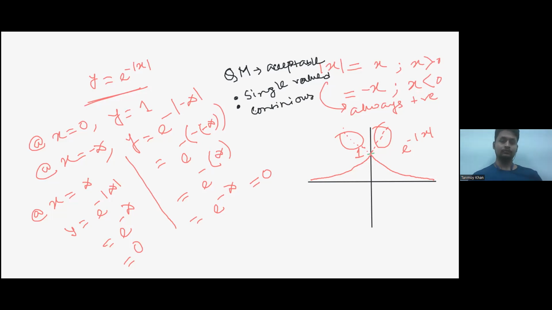Now, if I ask y is equals e to the power minus x squared, is this function even or odd? Let's just do it. What we say: if f of minus x is equals f of x, then it is even.